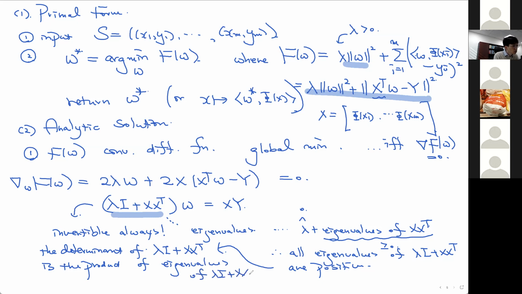But the product of all the positive eigenvalues is going to be positive. So that means the determinant is not equal to 0, which means it's invertible. That's why invertibility is guaranteed automatically. So from here, we can derive a solution, and the solution is going to be W equals lambda I plus X transpose X inverse times X y. That's the solution of the ridge regression problem.